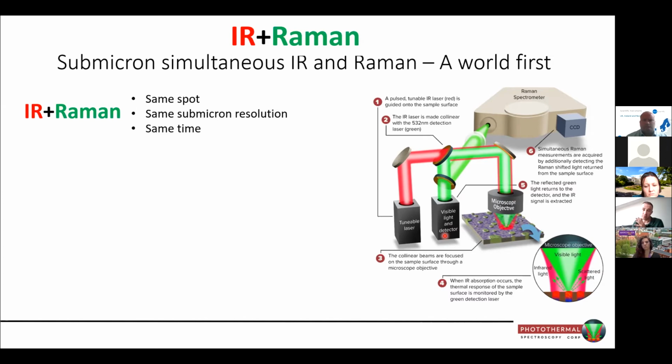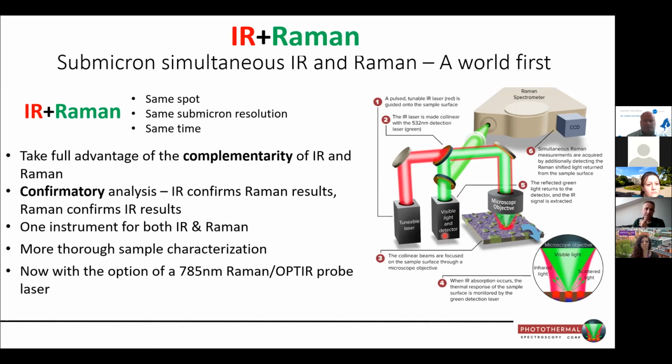And this way, you very efficiently collect only the Raman photons, and all the other photons go off for infrared signal extraction. And this takes advantage of the complementarity of infrared and Raman. I think we've been taught that for a long time. The IR can confirm the Raman results, the Raman can confirm the IR results, and it's also the one instrument, so you don't have to move samples from one to the other.